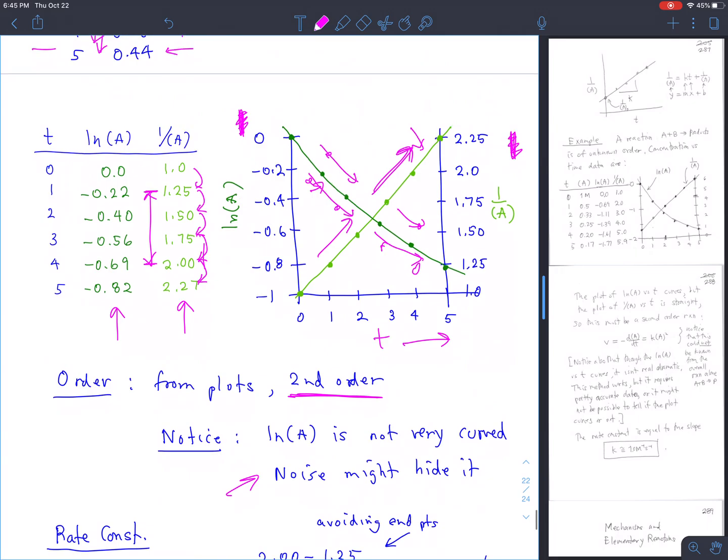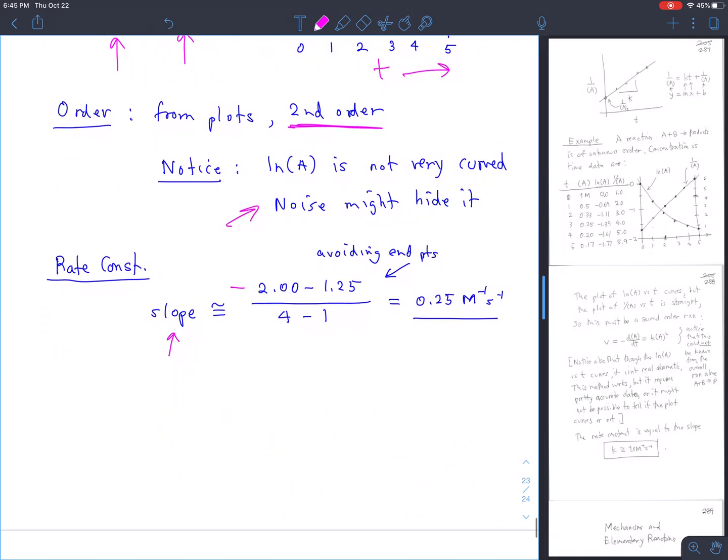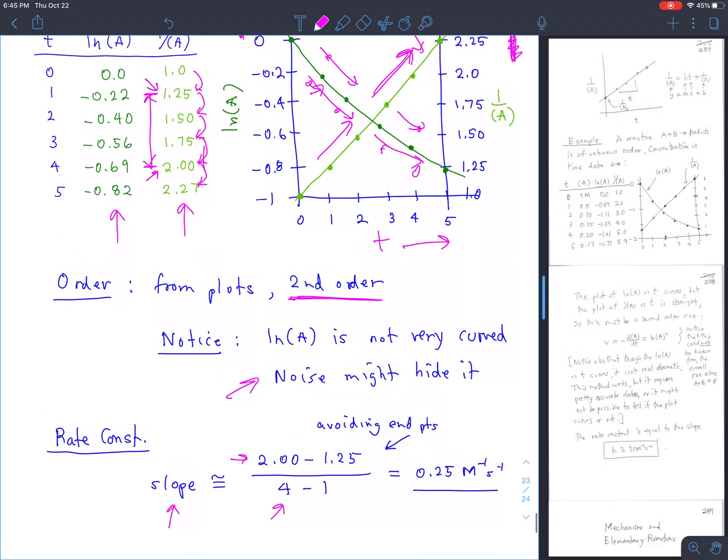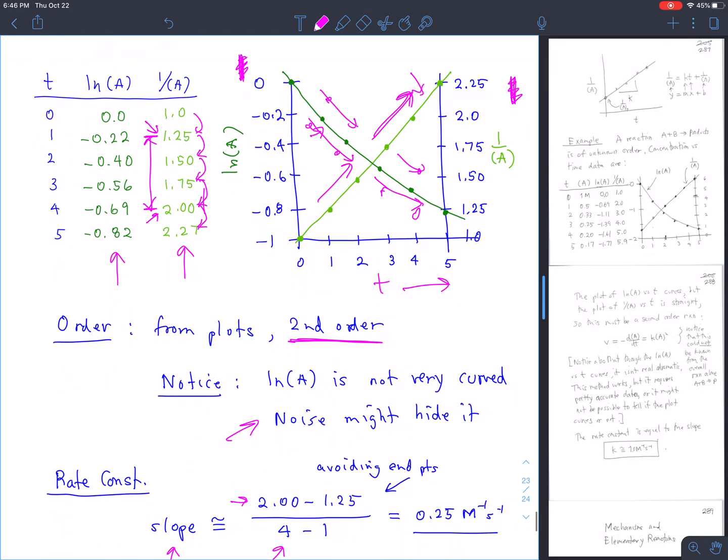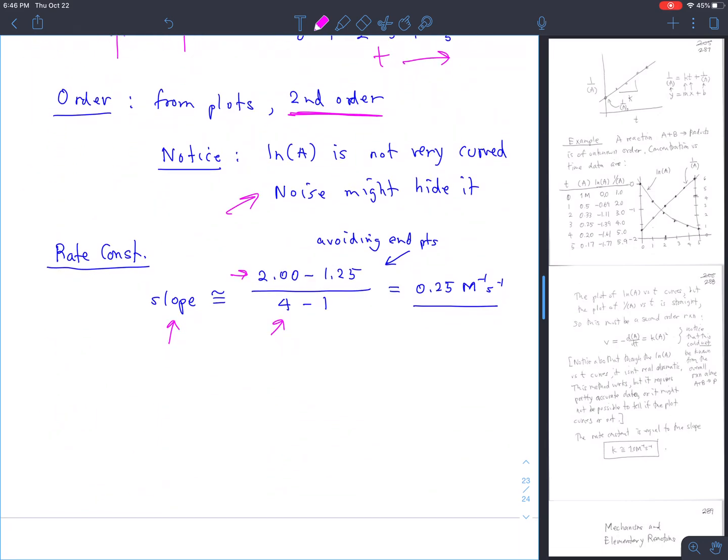And so it's 2.0 minus 1.25, that's delta y, over delta x, which is 4 minus 1. So we get, is that right? 2 minus 1.25, that's 0.75, divided by 3, yes, 0.25 molar to the minus 1 seconds to the minus 1.